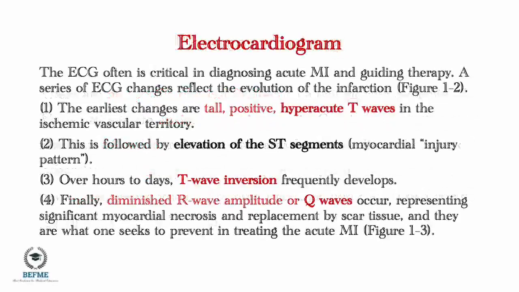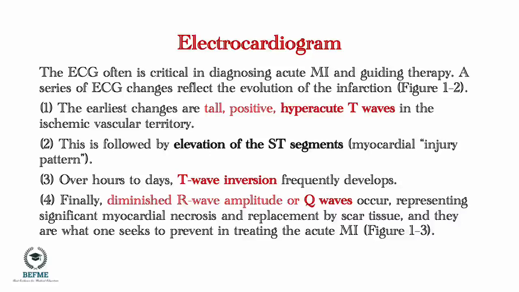Electrocardiogram. The ECG often is critical in diagnosing acute MI and guiding therapy. A series of ECG changes reflect the evolution of the infarction. Figure 1.2. 1. The earliest changes are tall, positive, hyperacute T waves in the ischemic vascular territory. 2.